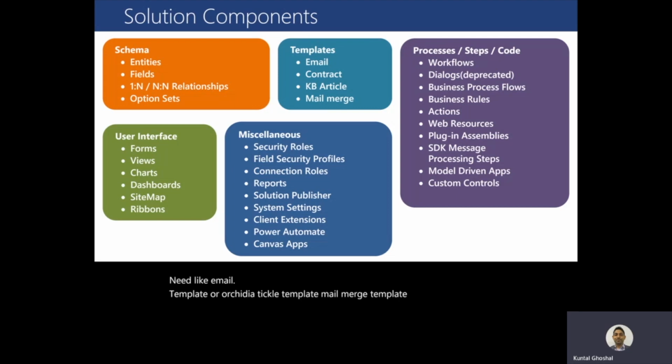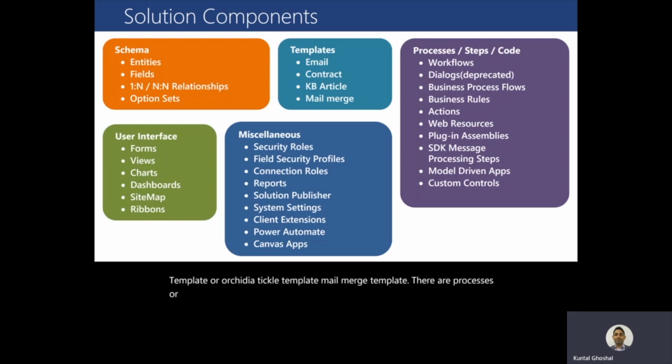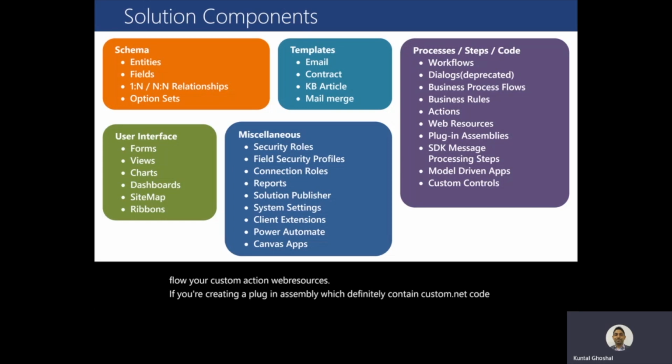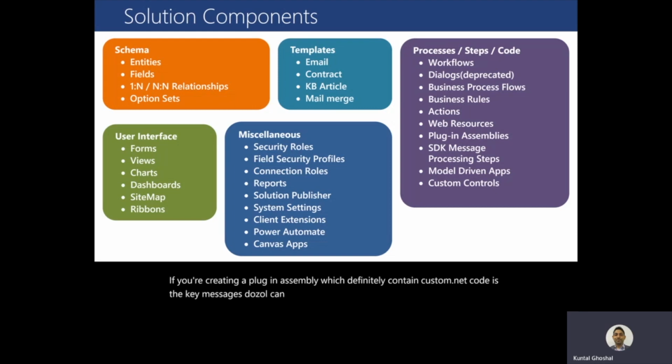There are processes or steps or code that you can also include as a part of the solution, like workflows or dialogs, which are again deprecated, business process flows, custom actions, web resources. If you're creating a plugin assembly, which definitely contains custom .NET code, SDK messages, those can all be included as a part of your solution.